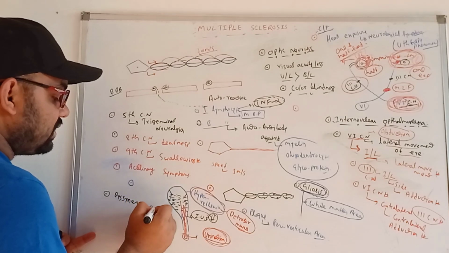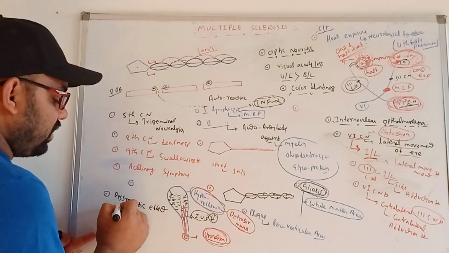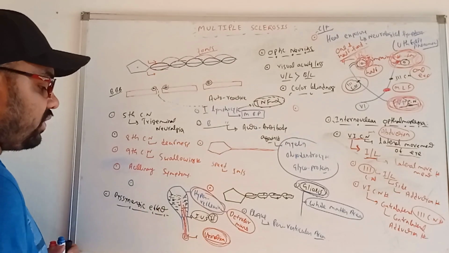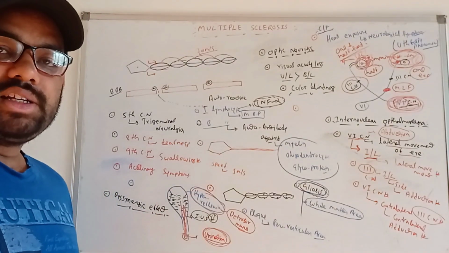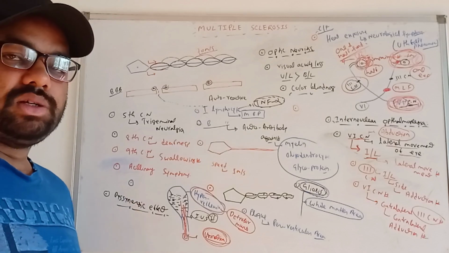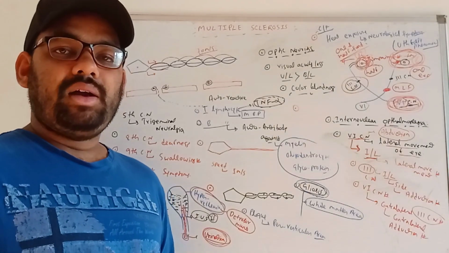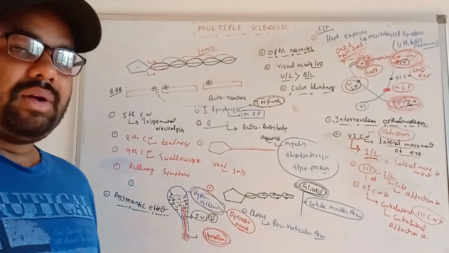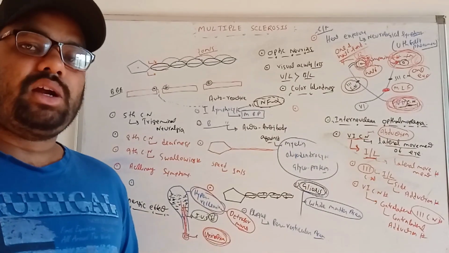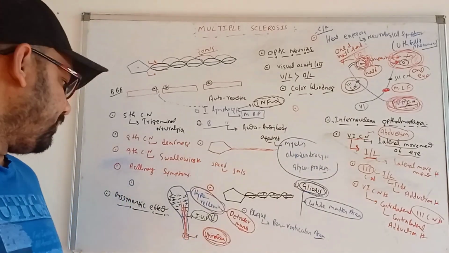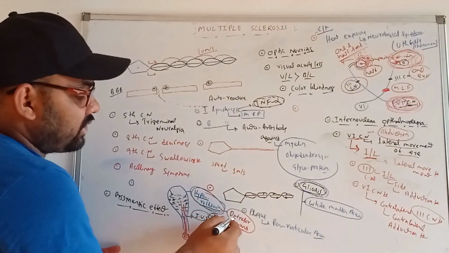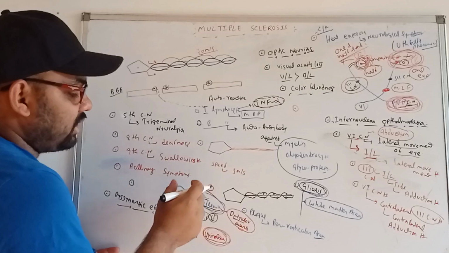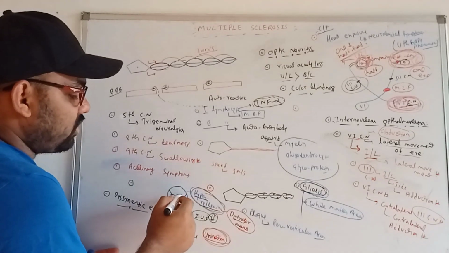If we get to see a dyssynergic effect within the bladder in multiple sclerosis, what kind of manifestations can we get to see? Let's look over here, okay? As I said first, we'll get to see hyperreflexia of the detrusor muscles. It will keep on contracting, okay? As a result, the urine will try to come out.